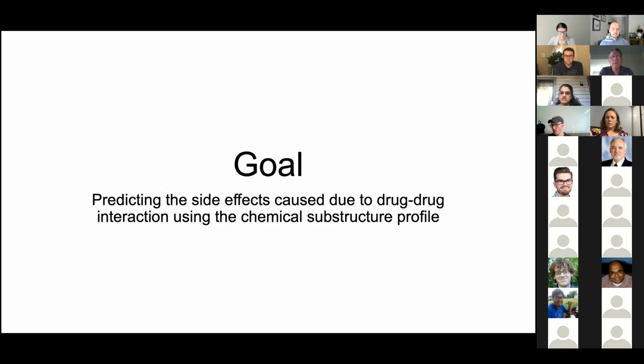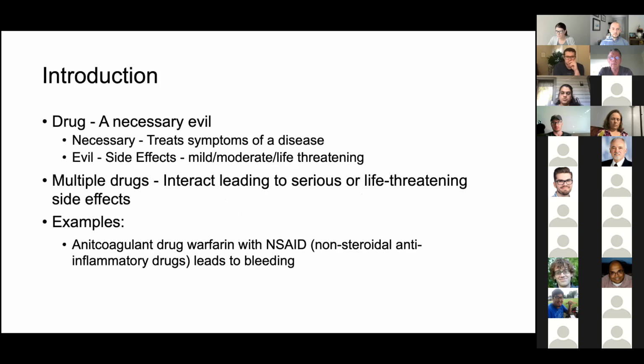So the goal of the project again was to predict the side effects when two drugs interact with each other based on their chemical structure. We all know that pharmaceutical drugs are a necessary evil. It is necessary because it helps us treat symptoms, but it is evil too because it can result in side effects, which sometimes are mild and sometimes can be life-threatening.